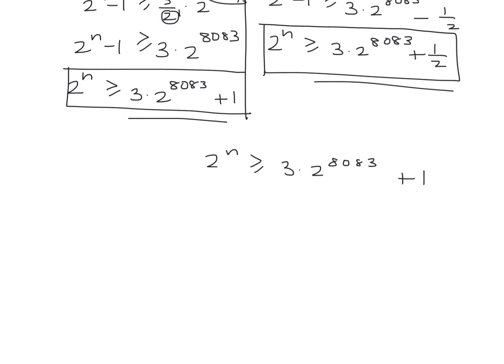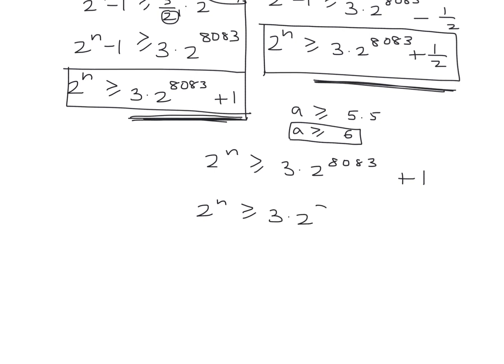Because if it's greater than this number and greater than that number, then obviously it's got to be greater than this one because this number is smaller. I'm just trying to see the logic here. It's like saying A is greater than or equal to 5.5 and A is greater than or equal to 6. So obviously A has got to be greater than 6 if you combine them. But then that one is really bothering me. But let's just get rid of the 1 for now and let's see what we get.